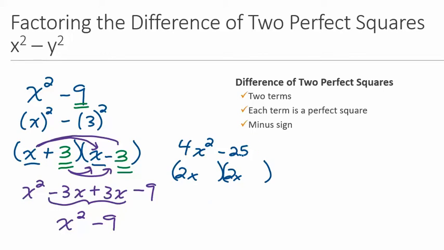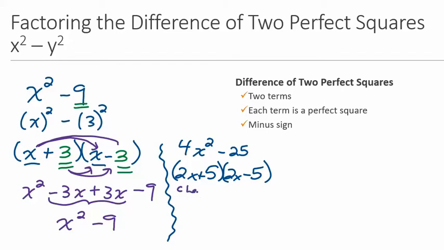I'll show you that up above. 25, we have to use 5 and 5. Now to be a negative 25, we're going to have to use 1 plus and 1 minus. So the key to the middle term dropping out is that these two binomials are the same, except for the sign. That's going to make the middle term drop out.